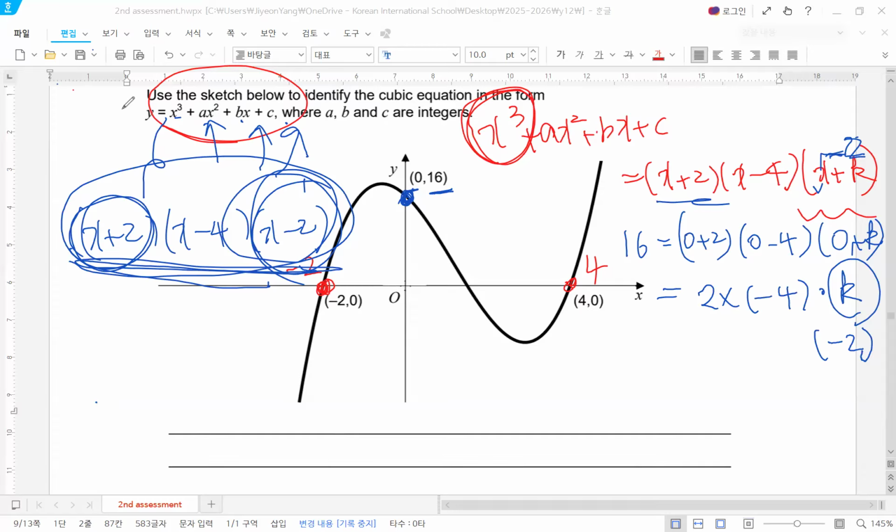So x cubed minus 4x squared, and then minus 4x, and then plus 16. This is the answer. So a, b, and c. Any question?